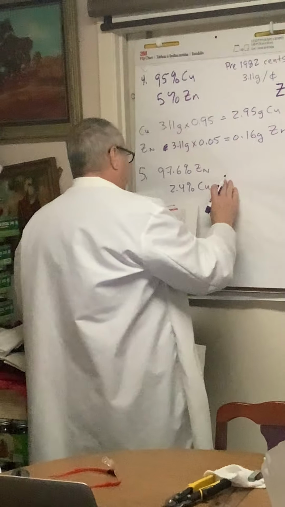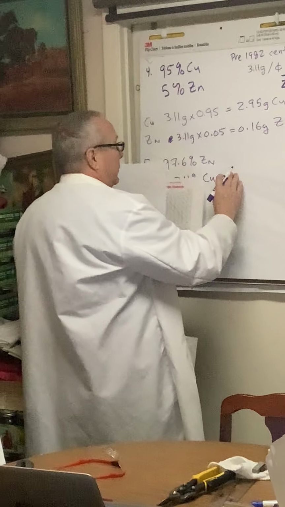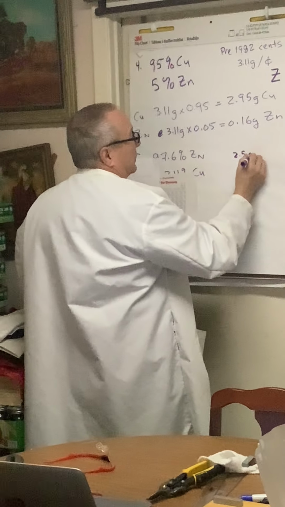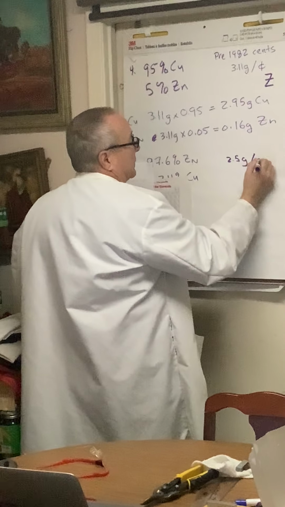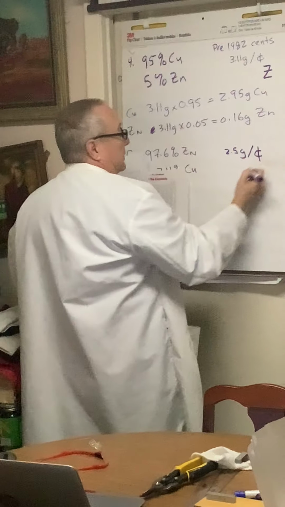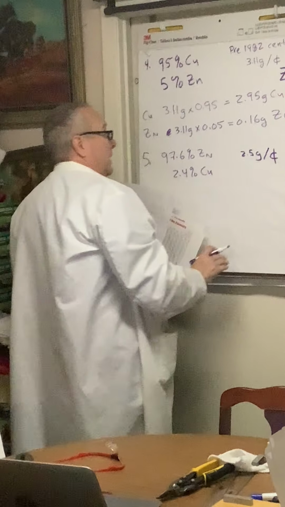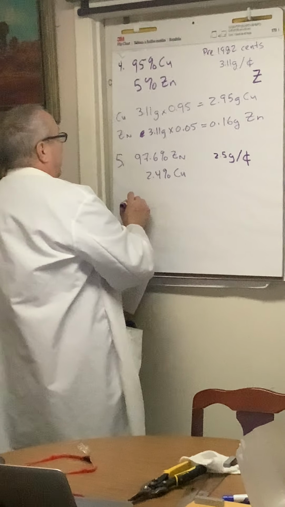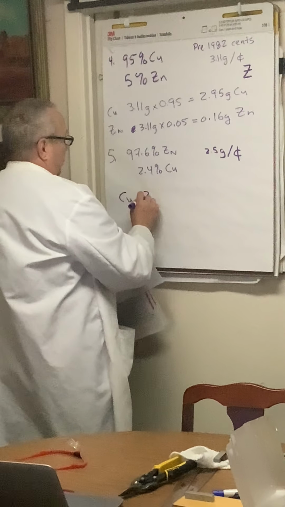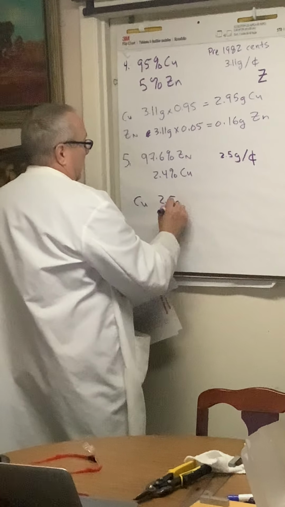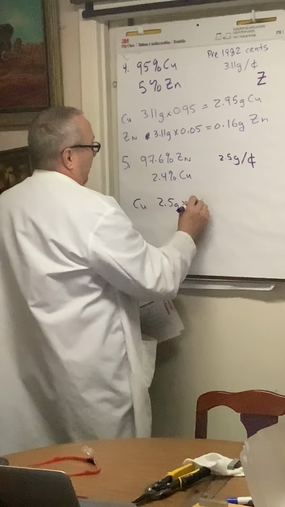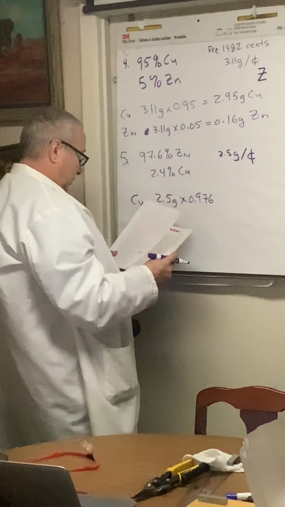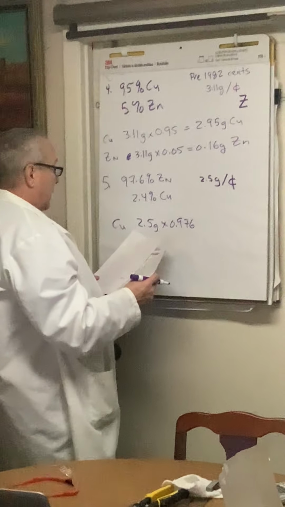But post 1982 pennies only weigh 2.5 grams. I'm sorry, American cents, per coin. So to calculate the amount of copper in there, I would take my mass, 2.5 grams, times 0.976, the fraction of it that's actually zinc.